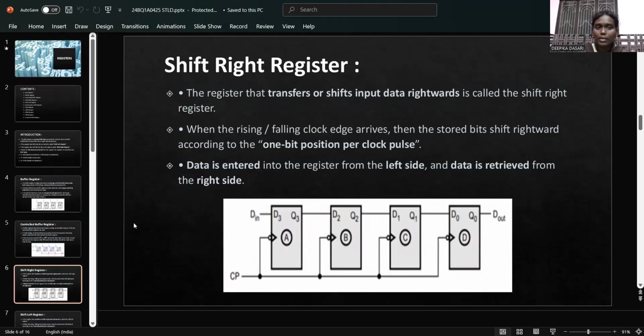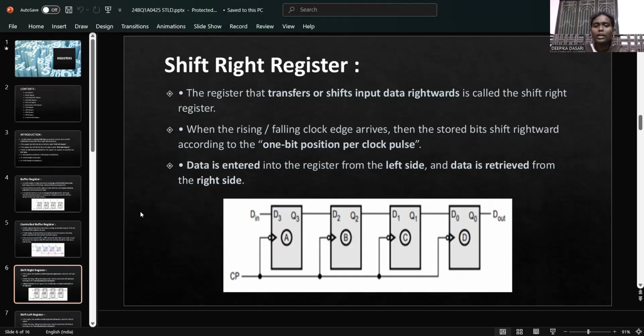After that, we are going to discuss the shift right register, which we already discussed above. The register that transfers or shifts input data to the right side is called the shift right register. When the rising or falling clock edge arises, the stored bits shift rightward by one bit position per clock pulse.